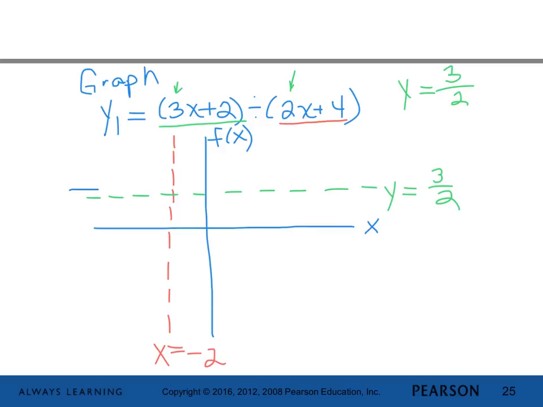So it's going to start out close to this asymptote, but it's going to increase without bound as it gets closer and closer to x equals negative 2. And as it jumps over -2, because -2 is the electric fence it can't touch in this case, it is going to start out being very, very negative.